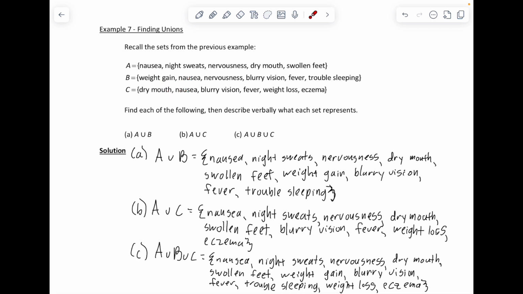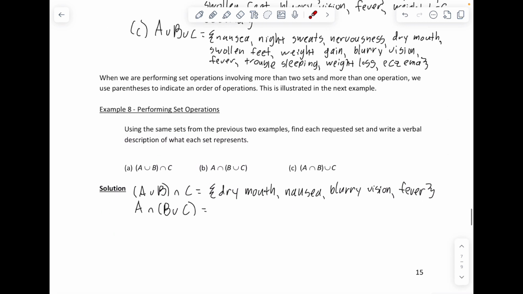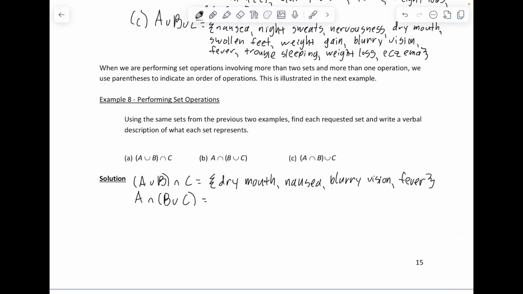So we would figure that out, and then we ask, well, what if we combine these two sets together into a union, and then what values are shared in common between that and set A, right? And that would be nausea, dry mouth, and nervousness is what you would find if you did that. Okay. Nausea, dry mouth, and nervousness. All right.